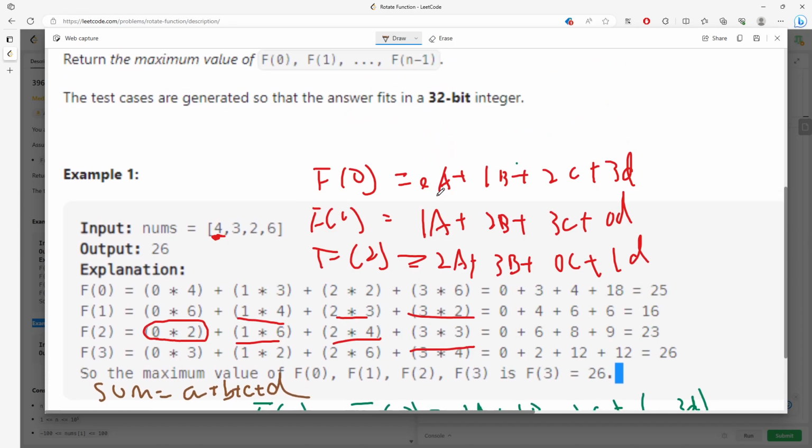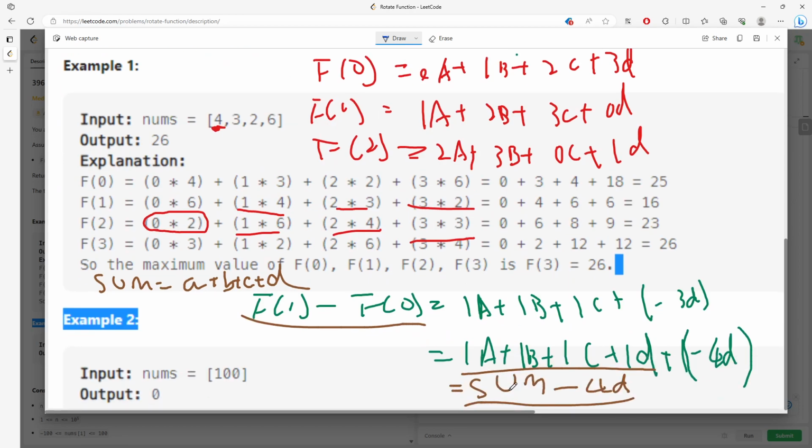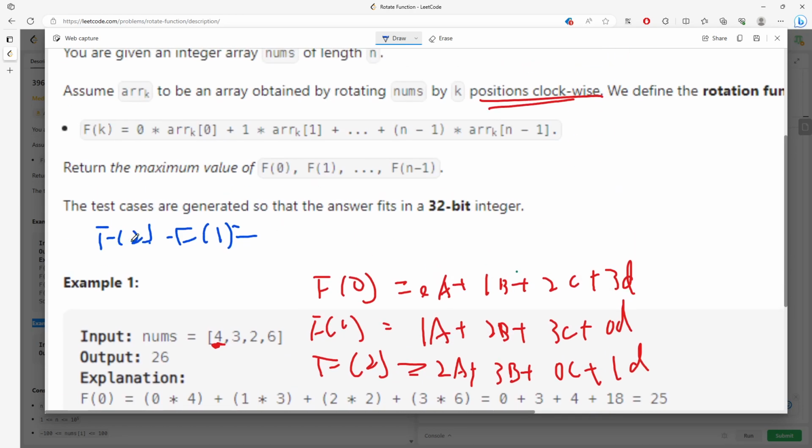So let's look at f of 2. What is f of 2 minus f of 1? So we got f of 1 minus f of 0 already. Now f of 2 minus f of 1: 2A minus 1A, 1A, plus 3B minus 2B, 1B, plus 0C minus 3C, negative 3C, and then plus 1D minus 0D, 1D.